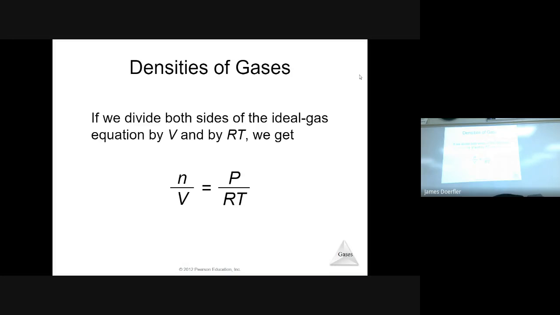If we take PV = nRT and divide both sides by volume and RT, we get n over V is equal to P over RT. That's where we begin our journey in relating the ideal gas law to the densities of gases.